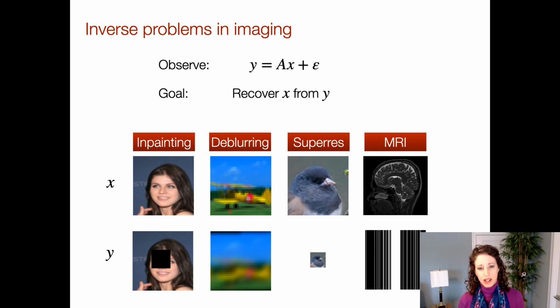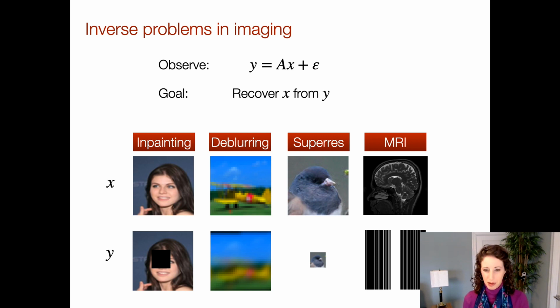And we're concerned with the scenario where we don't get to observe x directly, but rather only get to observe it through some sort of distortion or optical system that is denoted by this matrix A. So this could correspond, for instance, to missing pixels, or a blur, or downsampling, or even MRI measurements. And so what we'd like to be able to do is to take these distorted measurements y, which might be contaminated by some noise epsilon, and recover x from y.